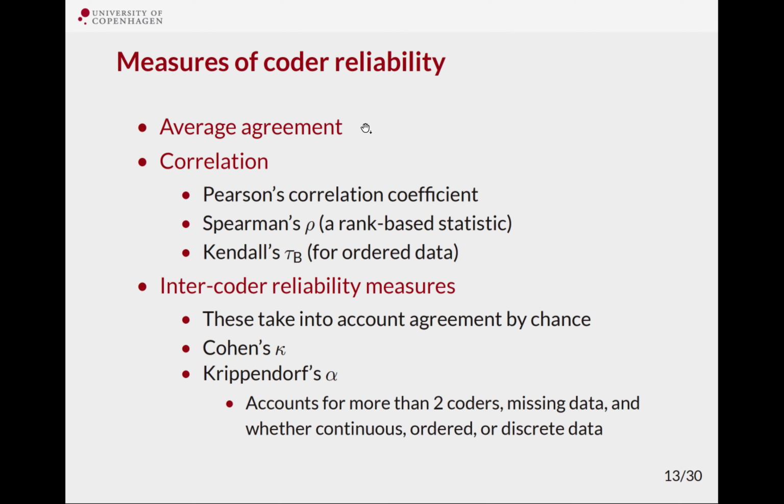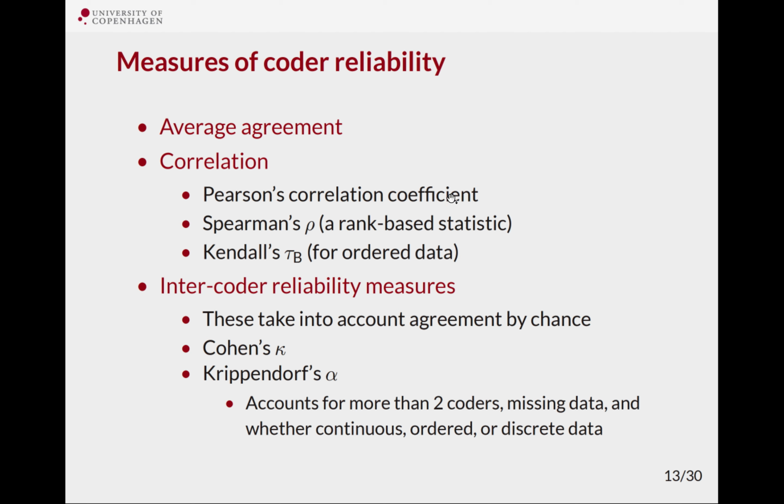So on average, how often do coders agree on the coding of each tweet? You can look at the correlation. If there are two coders for a tweet, you would hope that the correlation is very high. So if I say something is uncivil, you will also say it's uncivil.